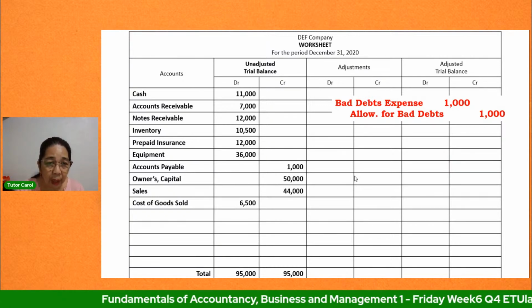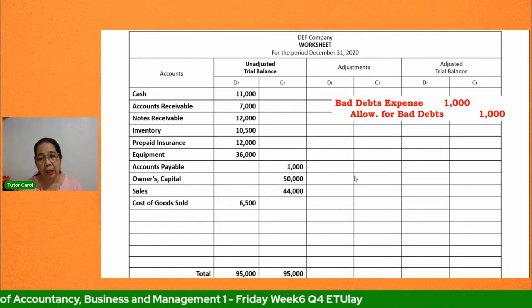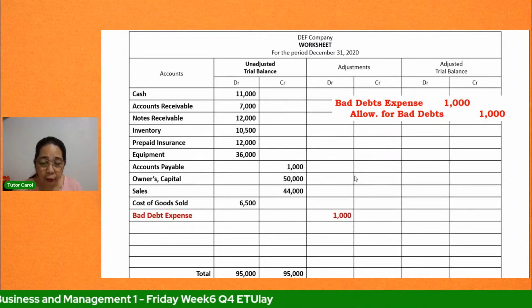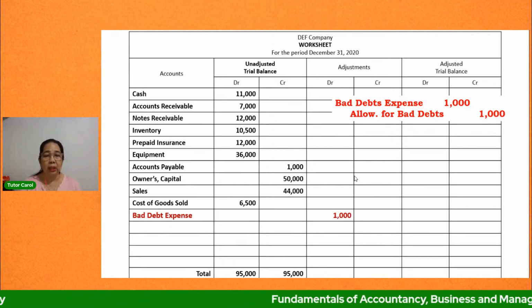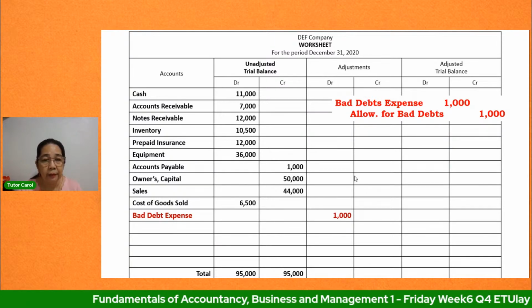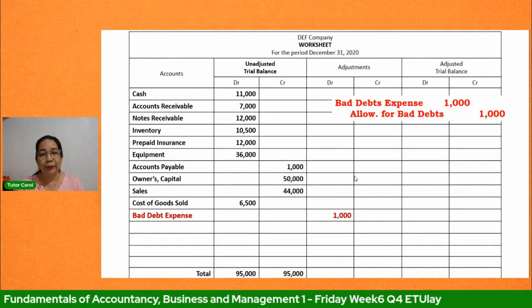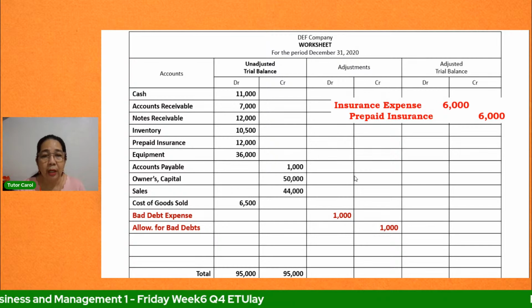Kasi wala ka pa namang, sa unadjusted trial balance mo, wala kang allowance for bad debts. But be very careful in writing the amount. Allowance for bad debts nasa credit. So, dapat ilagay mo yan sa credit side. Kung hindi, magkakamali ka dyan. Okay? Click lang po. Okay, ayan. Allowance for bad debts. 1,000.